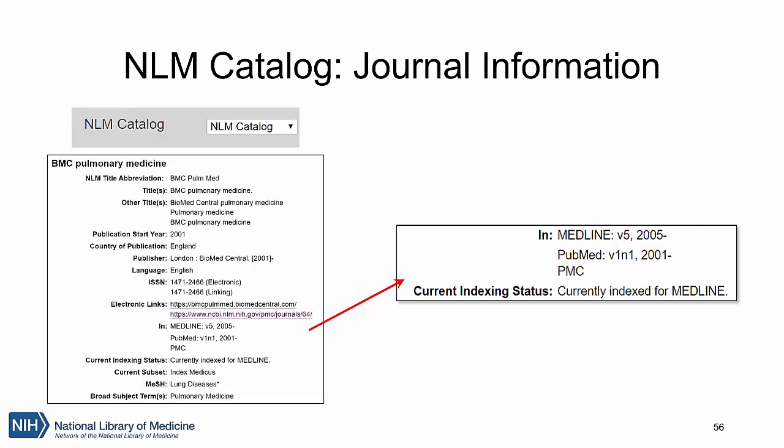So here's our journal, BMC Pulmonary Medicine, and it shows that it was indexed in MEDLINE starting with Volume 5 in 2005 and available full text in PMC starting with Volume 1 in 2001. And if you want to learn more about any particular journal's participation level in PubMed Central, you can follow the link to PMC.